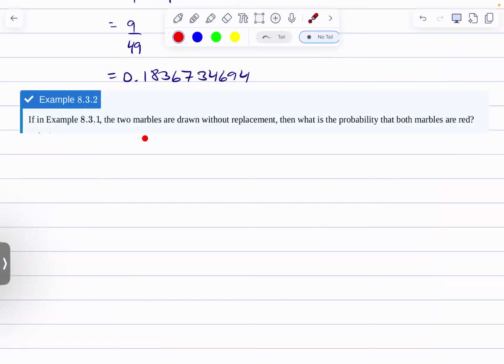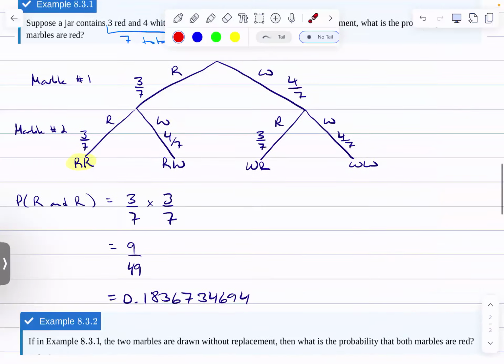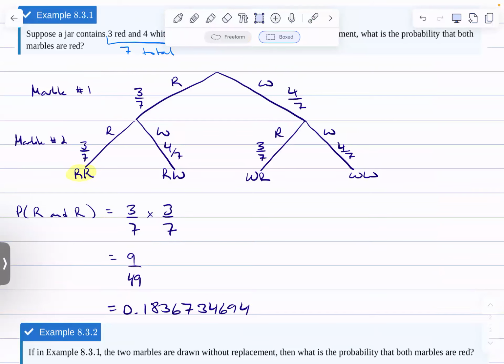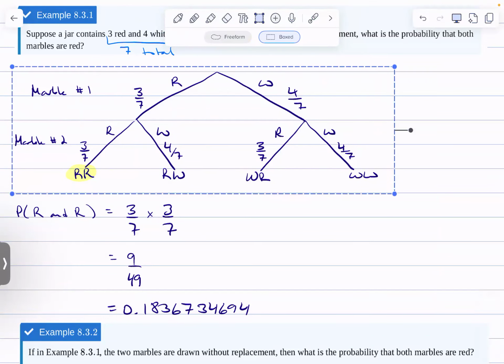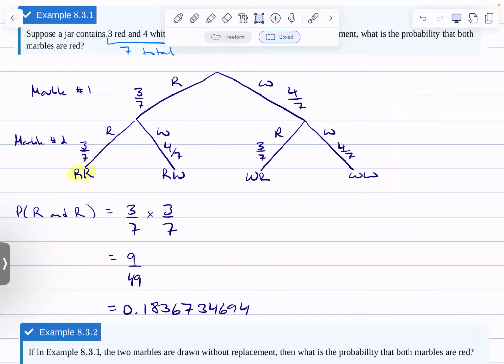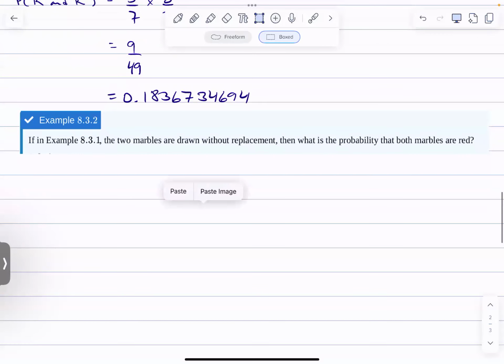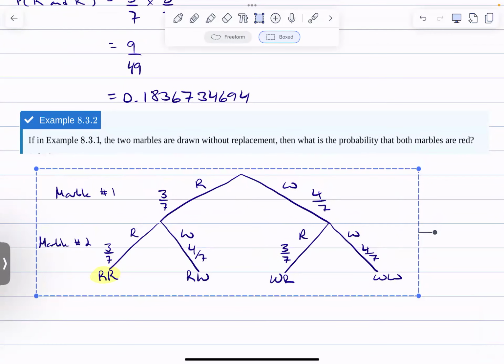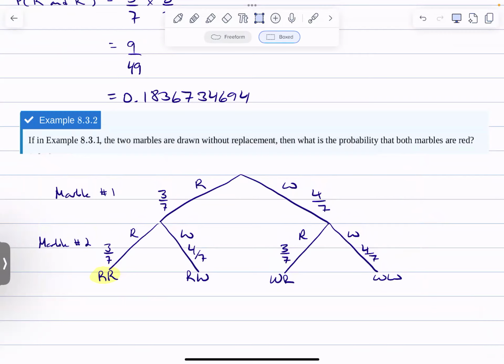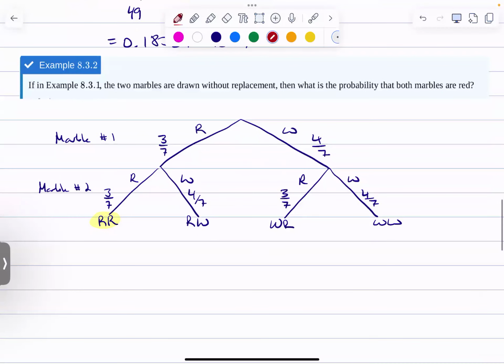If the marbles were drawn without replacement, then what's the probability that both marbles are red? So what I'm going to do is steal this because we already did it. But I have to change these probabilities, right?